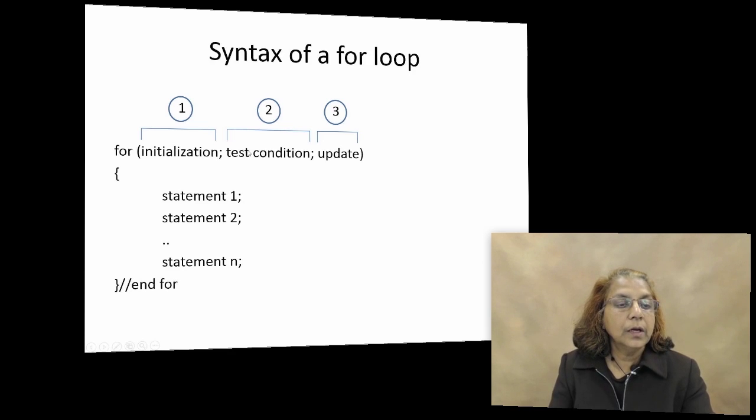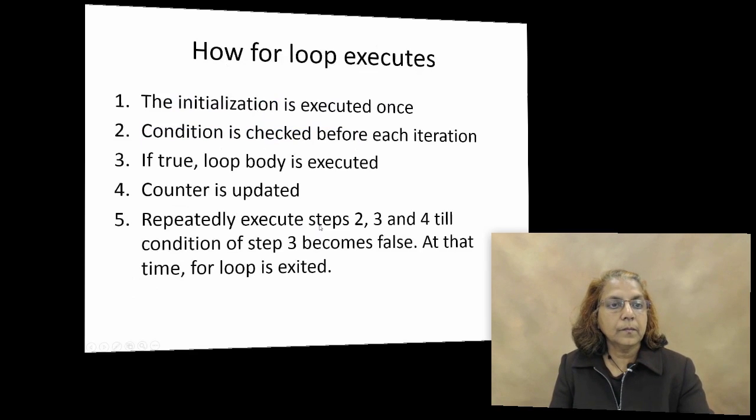Again, if it is true, these statements are executed. We go back, the counter is updated, the test condition is again true, these statements are executed. So, this loop is executed as long as this condition is true.